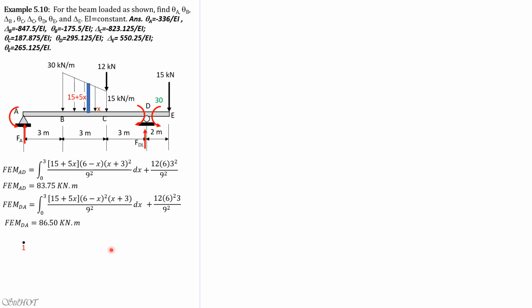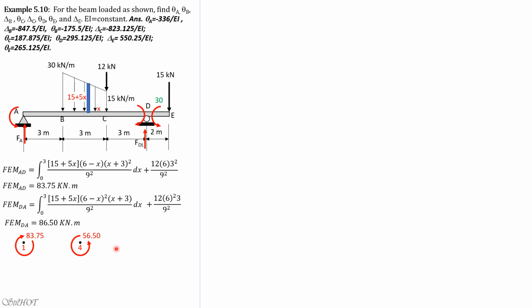So for the nodal displacement, we have 83.75 clockwise here, so it should be counterclockwise, negative 83.75. At D, this is node 4, because B is 2, C is 3, D is 4, E is 5. So 86.5 minus 30 is 56.5, because that's positive counterclockwise.